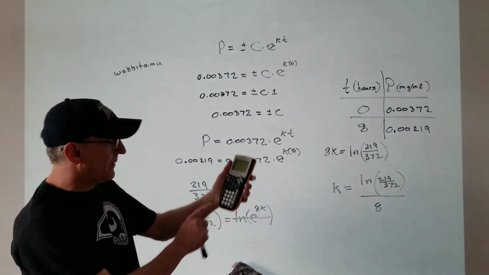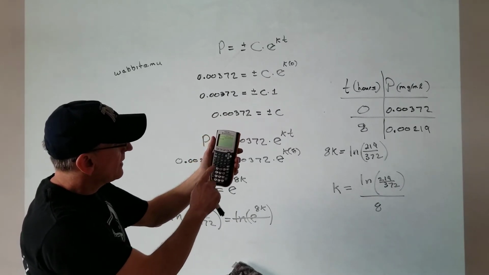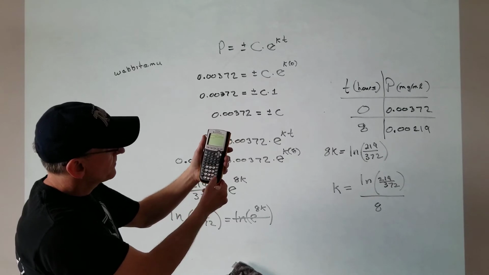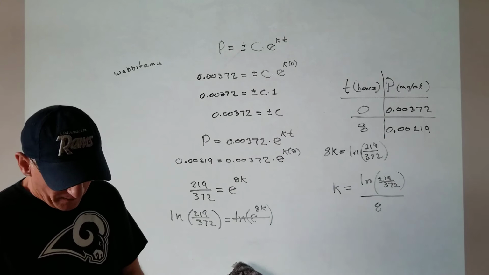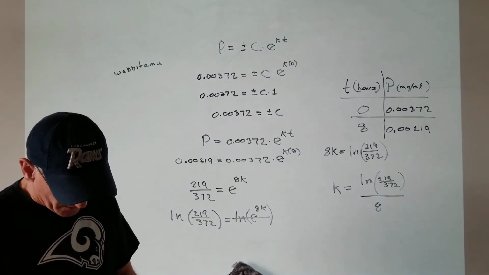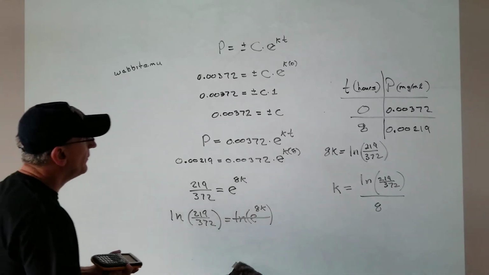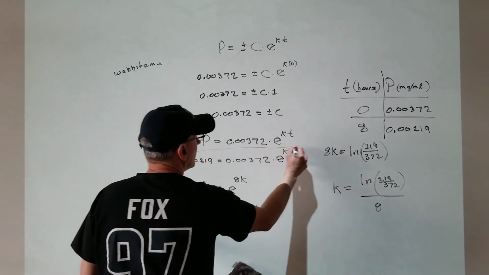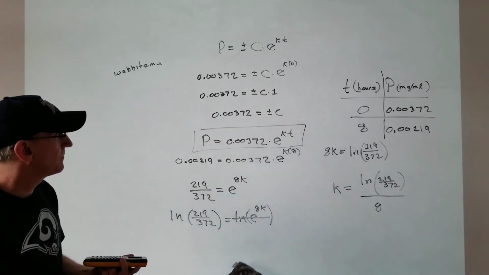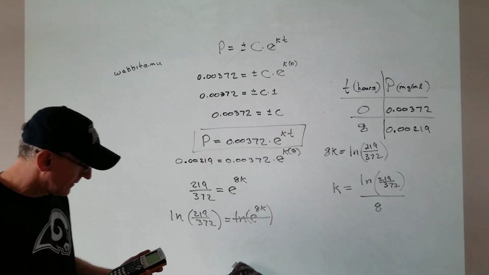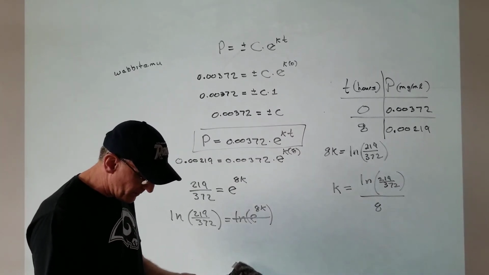But there's a button here that says store, and you're going to hit store alpha K. And then it confirms that it was stored. Then you're going to hit y equals and type this in, but not until you have first stored this as K. I already have mine typed in because I set this up ahead of time and I don't want to go any slower than I have to here.